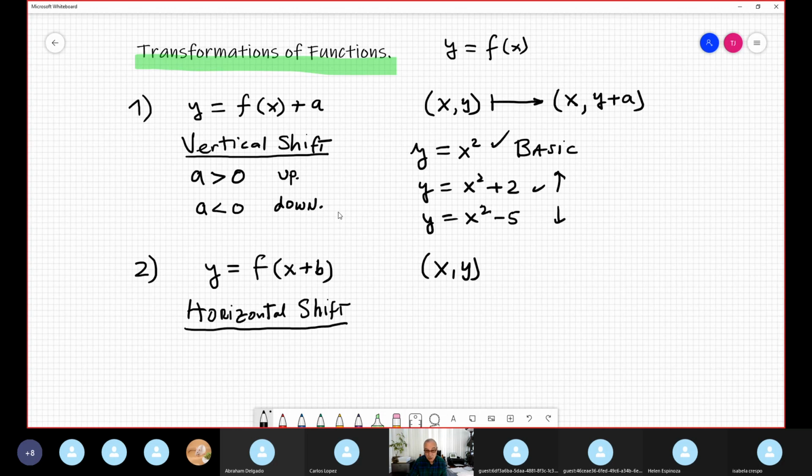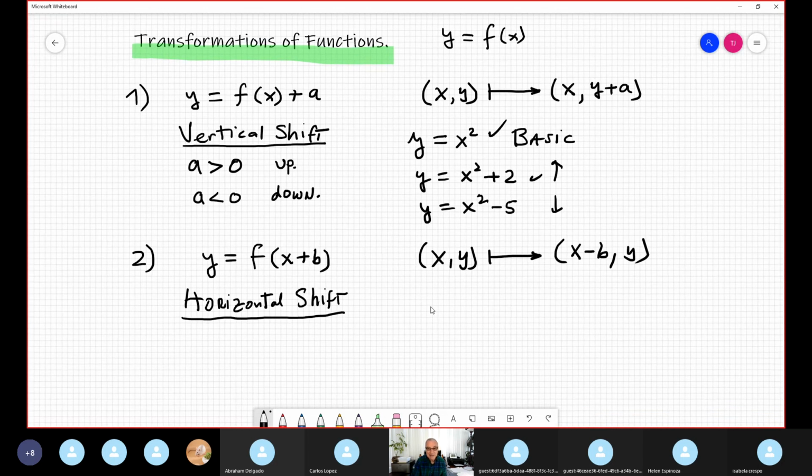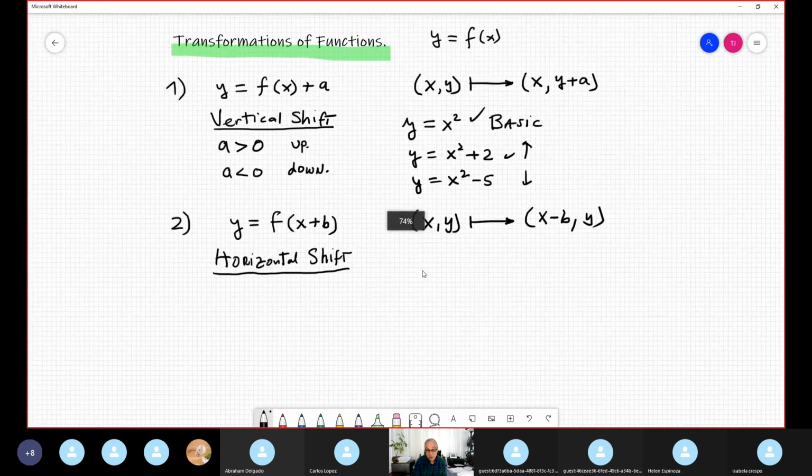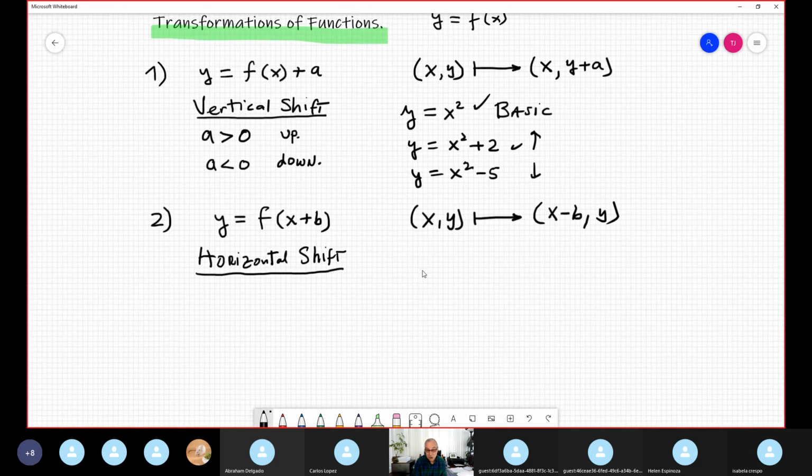Because the operation that you are doing is on the x, not on the y. So in this case, x minus b. It's really weird that if you add a plus and the point is subtraction, it's the opposite direction. Always when you make an operation inside the parentheses, it's opposite. And y stays the same. The motion is horizontal because you change the x component and y stays the same.